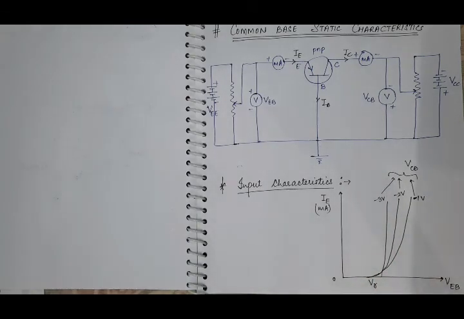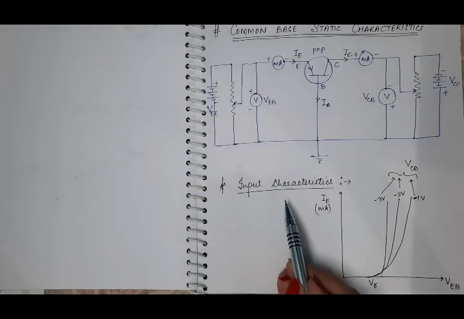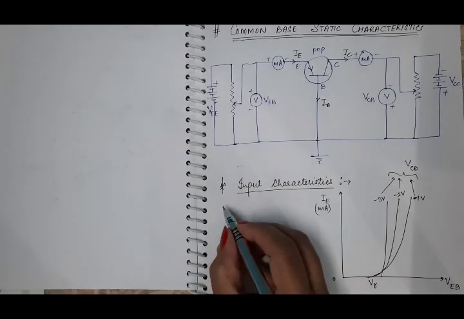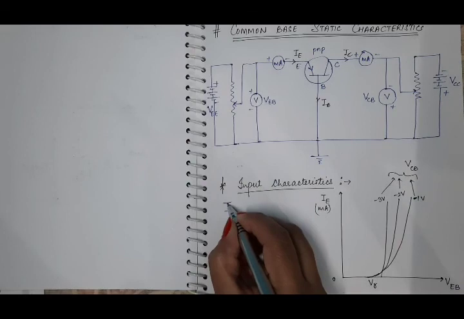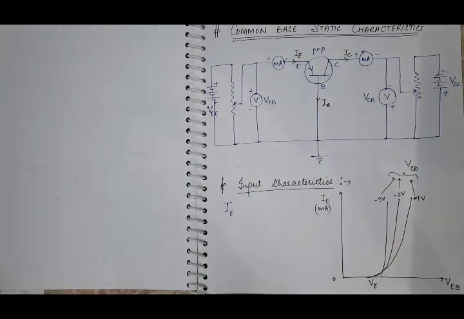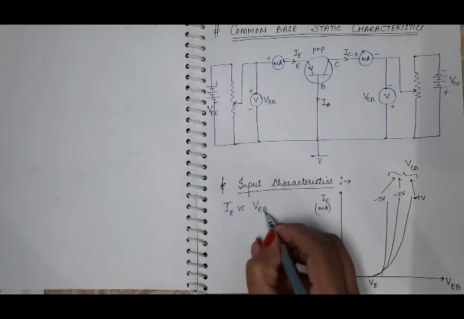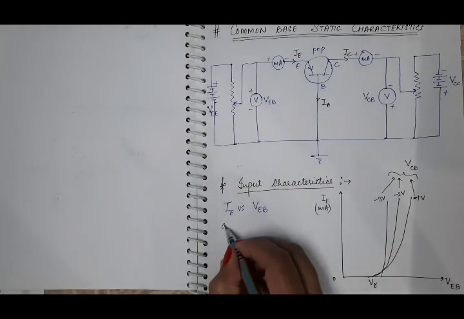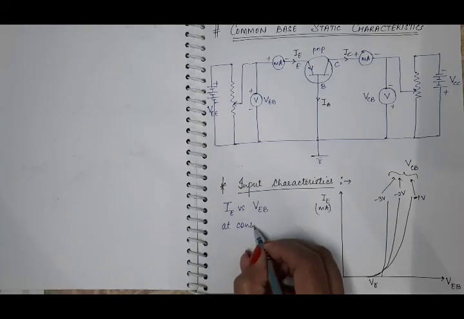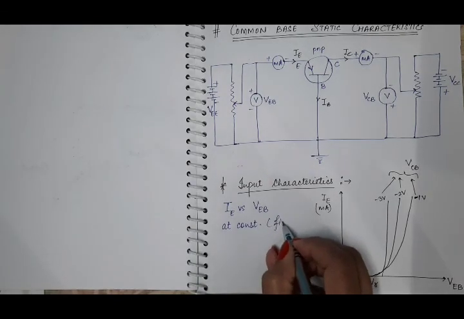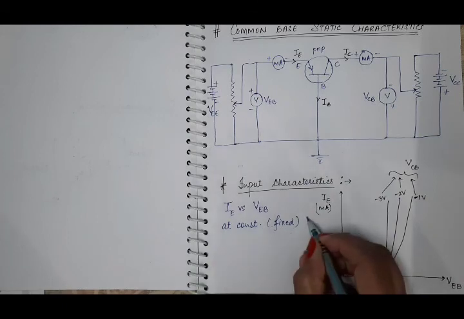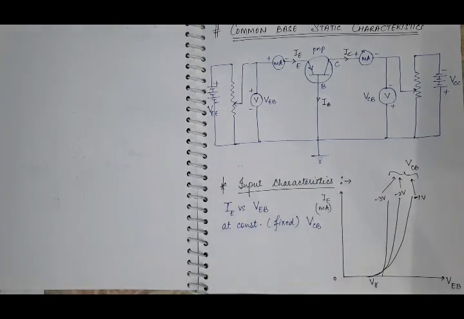So we will study the variation of emitter current versus emitter base voltage at fixed collector base voltage, that is the output voltage.